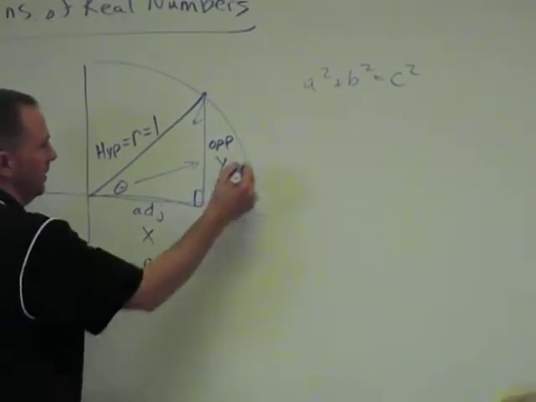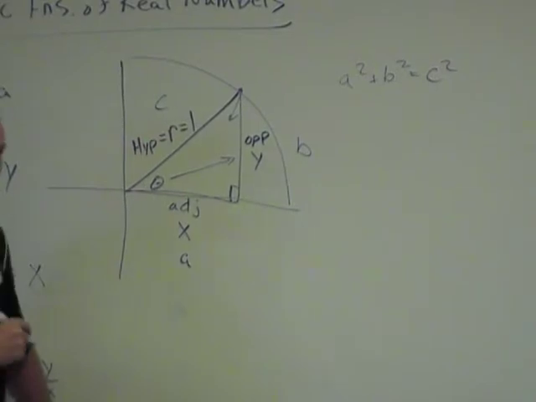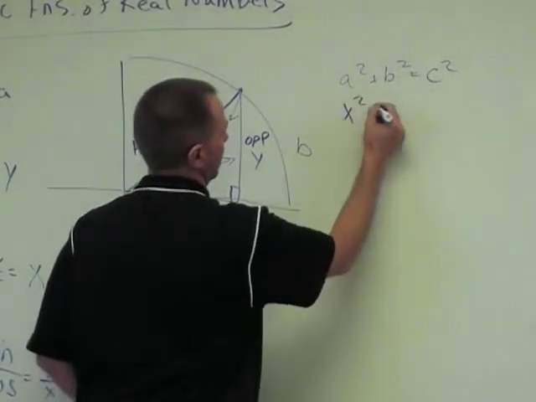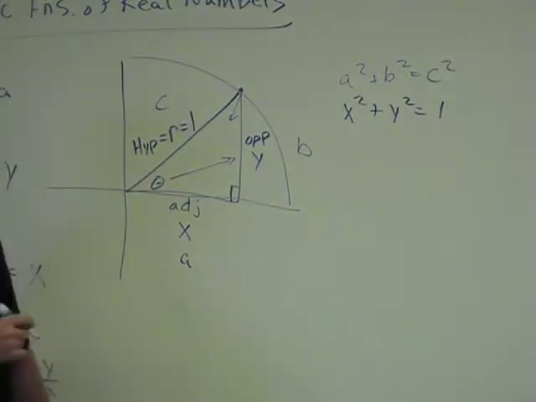In this case, x squared plus y squared equals 1 squared. What's another thing for x?